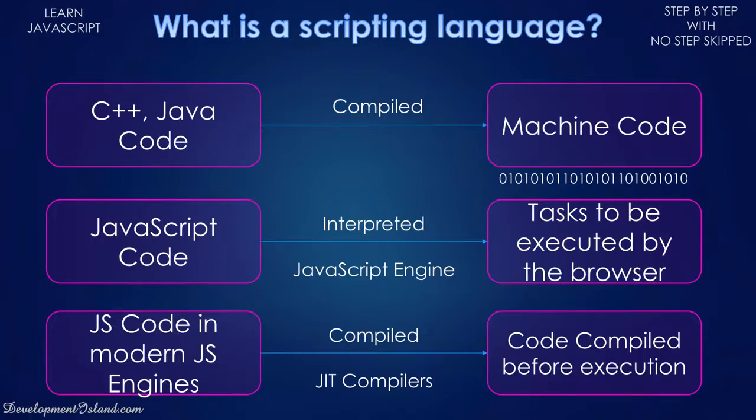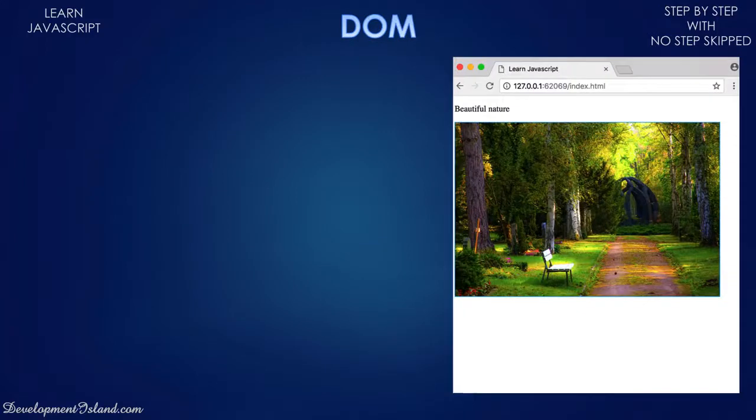That's something to bear in mind. And just a quick clarification here, the JavaScript engine is embedded in your browser and is responsible for the execution of your JavaScript code. Now let's move to the DOM, or the Document Object Model.